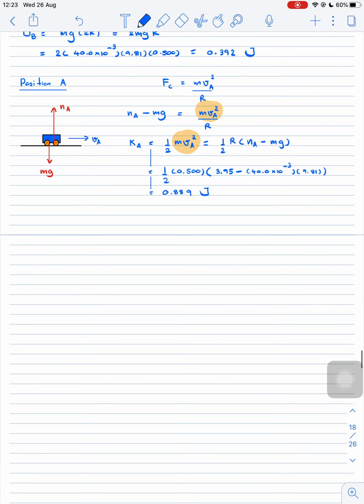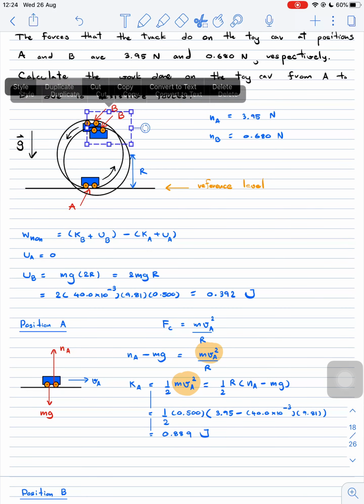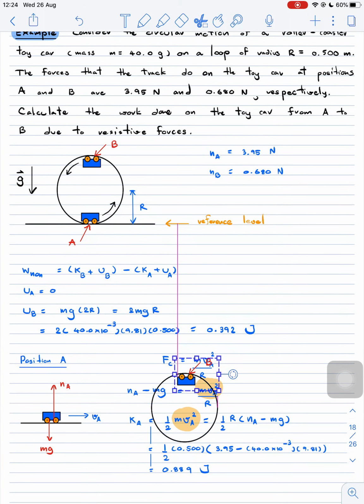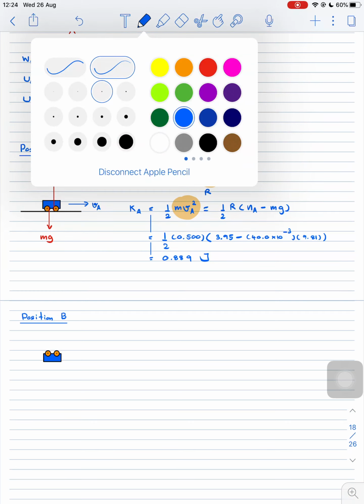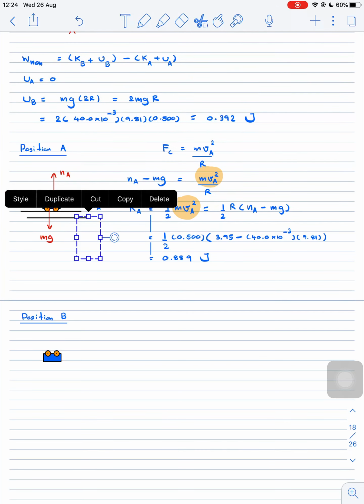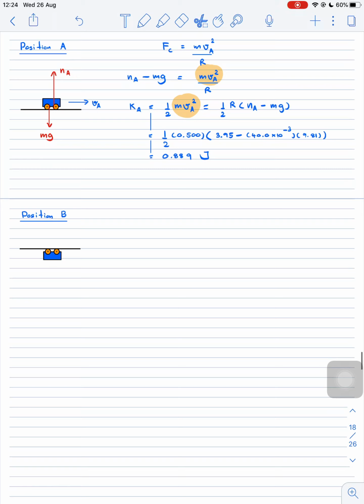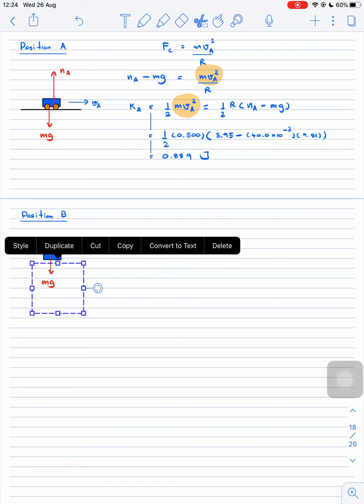So now let's consider the toy car at the position B. Again, we must have the weight mg, and what else?